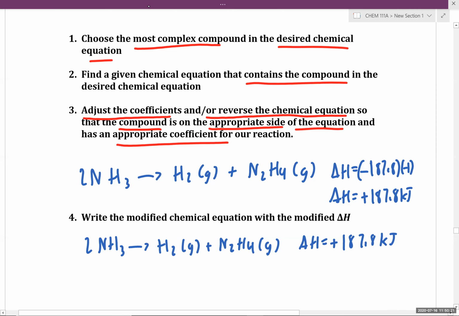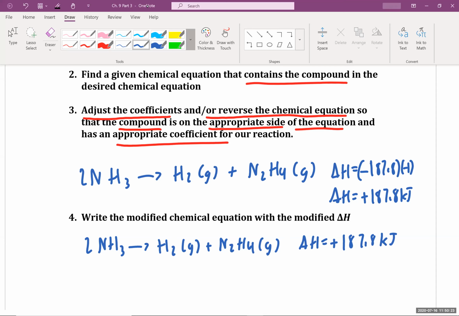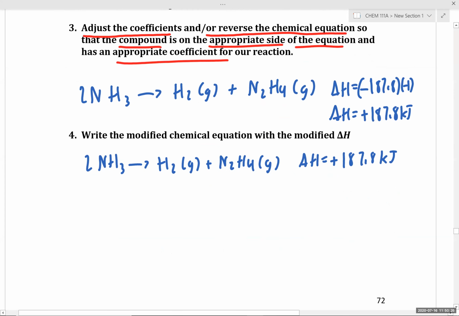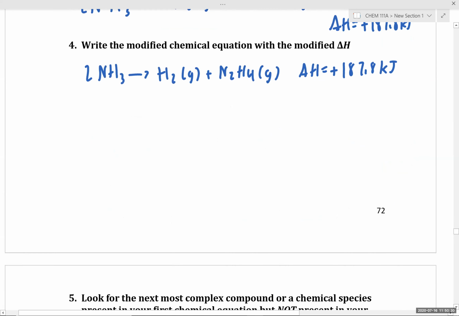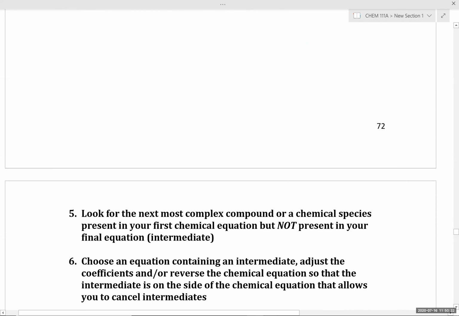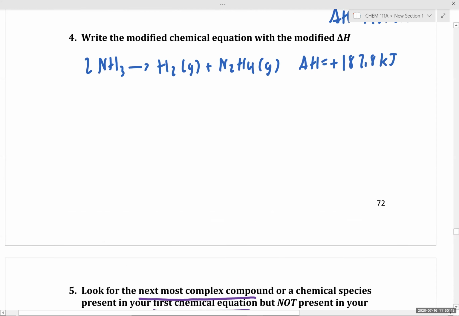Now, we're next going to look at our modified chemical equation. Okay, and we're going to look for the next most complex compound present in my first chemical equation, but not present in my final equation. So let's look.